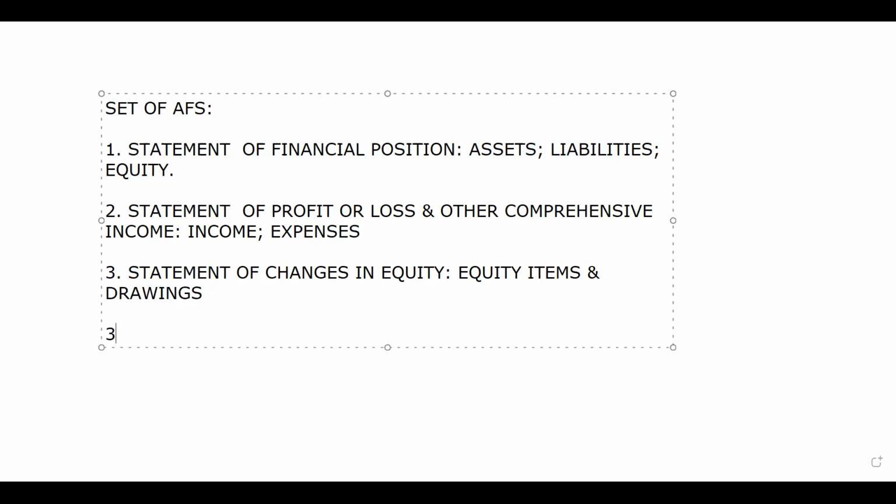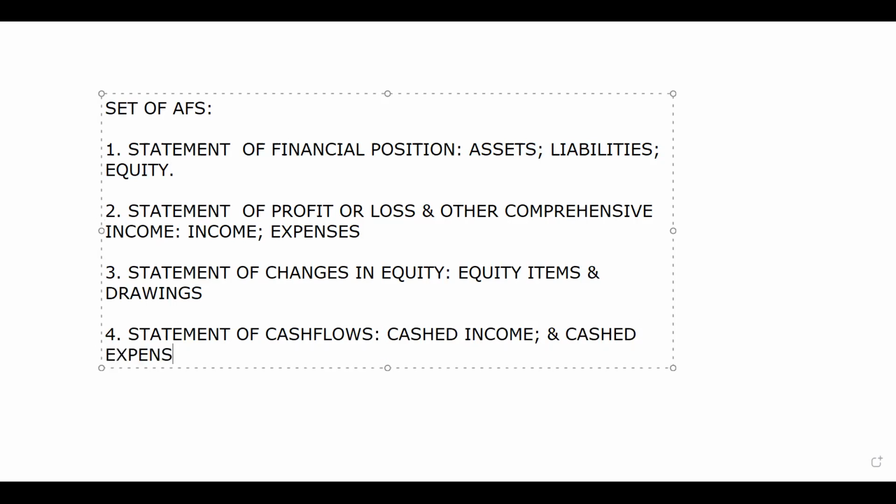Then lastly, we've got the statement of cash flows, right? With the statement of cash flows, there are two things that you can see. You are seeing cash incomes and cash expenses. That's all that you're seeing there.